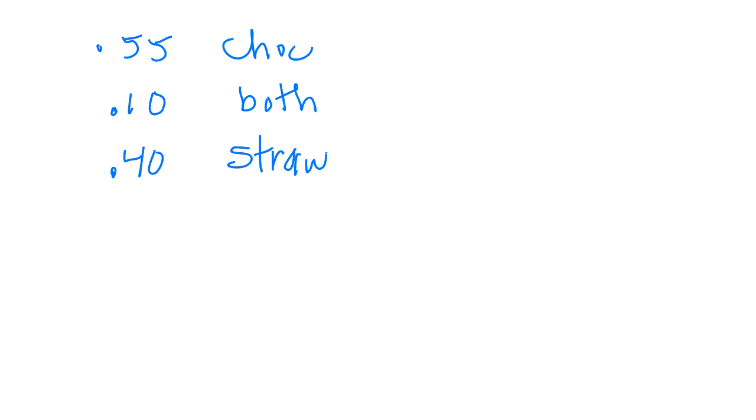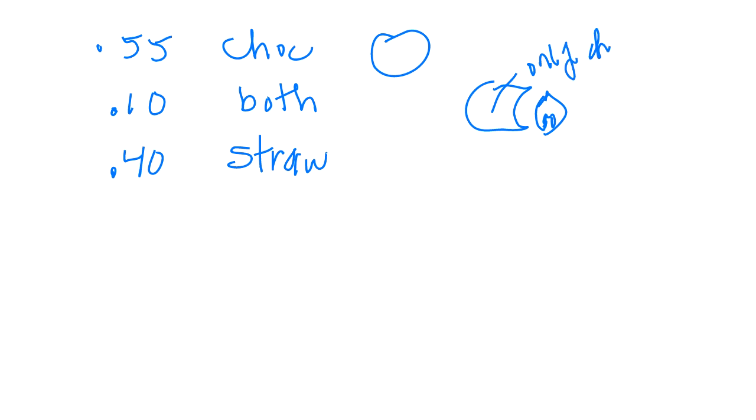This 55% that like chocolate is this whole circle. If you want to get only chocolate, you have to subtract, because the both is this part that's inside here. That's the 10%. So inside here is only chocolate, not any strawberry. So that would be the 55 minus 10.